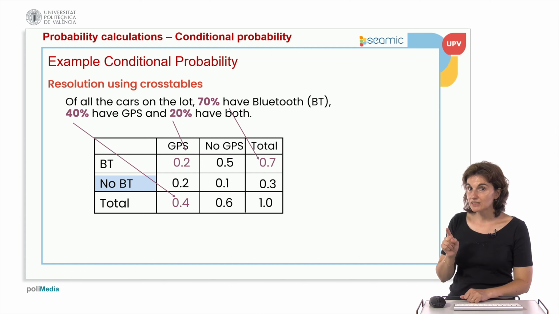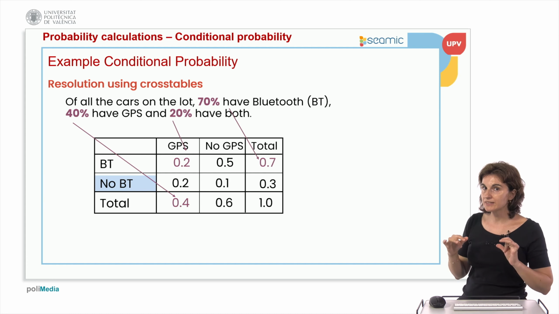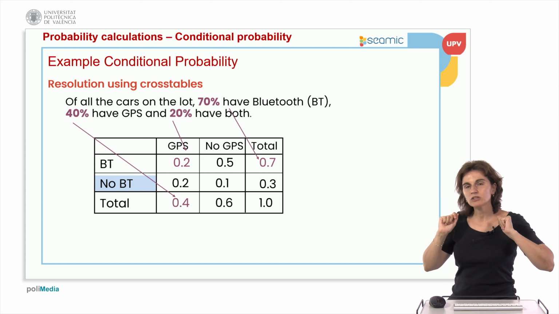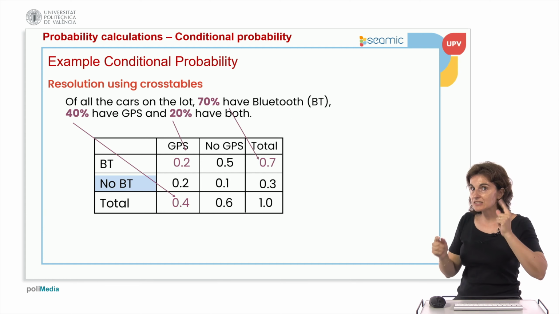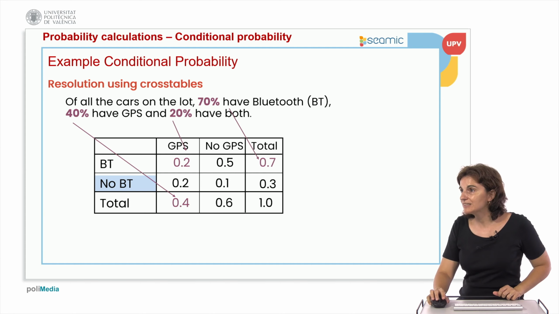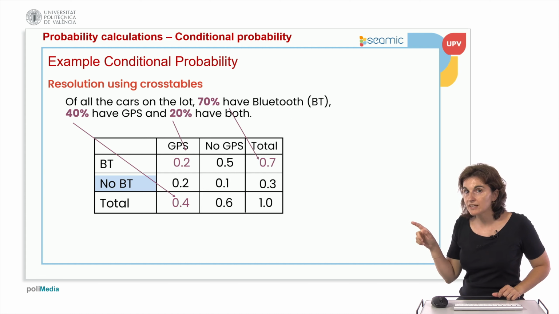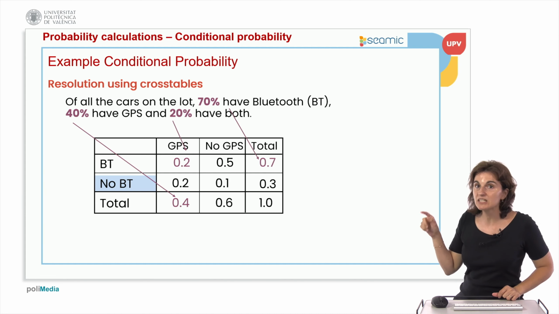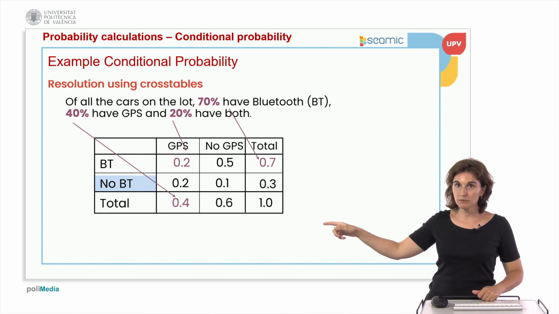So what you see here, and that's a good place to understand why we call simple probabilities marginal probabilities, is that when we refer to simple probabilities of isolated events, we include these probabilities in the margins of the table. And this is why we say that the probability of having GPS is 40%, and that's a marginal probability, because this number is written in the margins of this table.